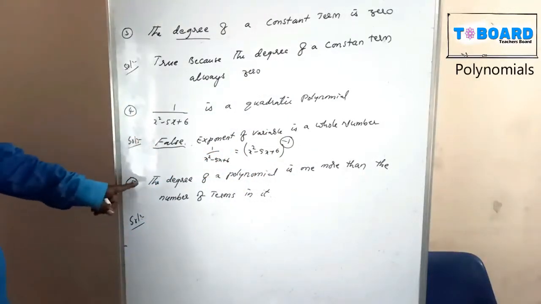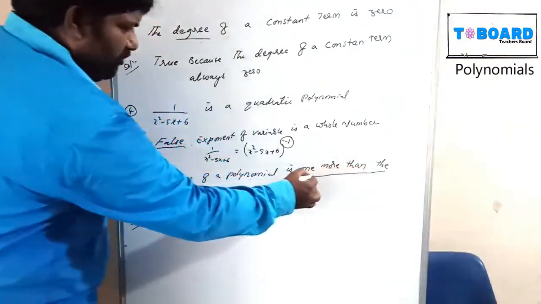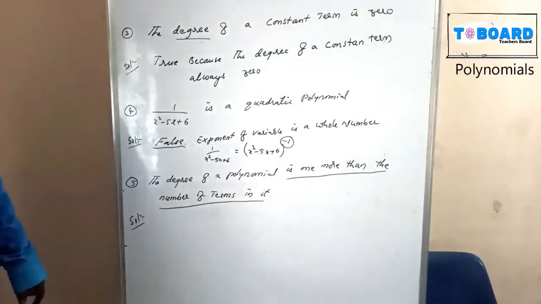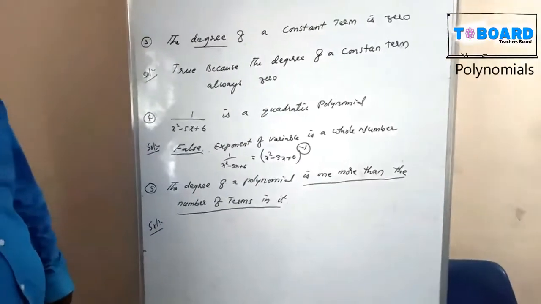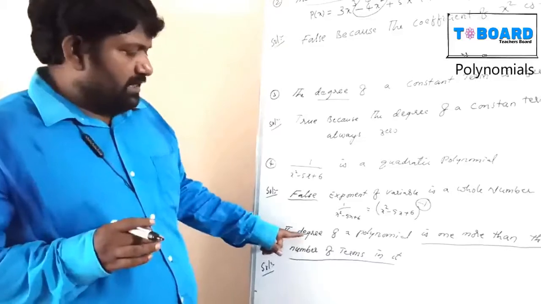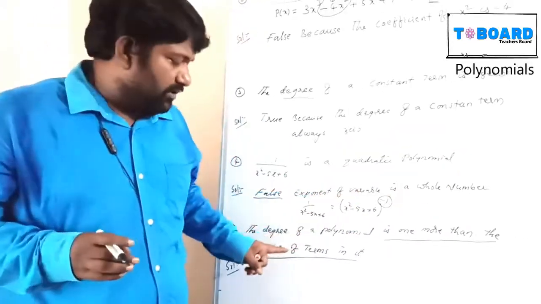Now the fifth one: the degree of a polynomial is 1 more than the number of terms in it. What is degree? Degree is the highest power of x in the polynomial p of x. But what is given in this question? The degree of a polynomial is 1 more than the number of terms.